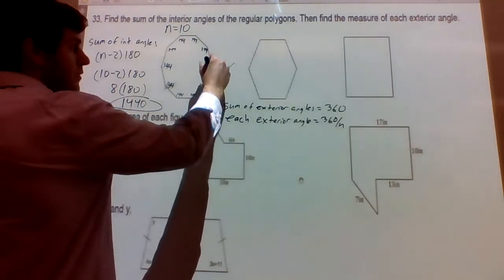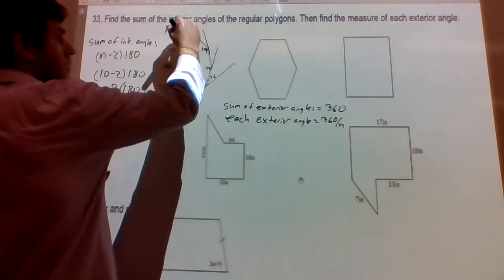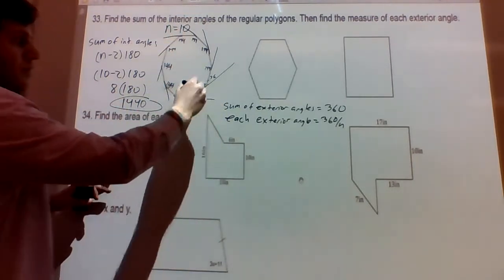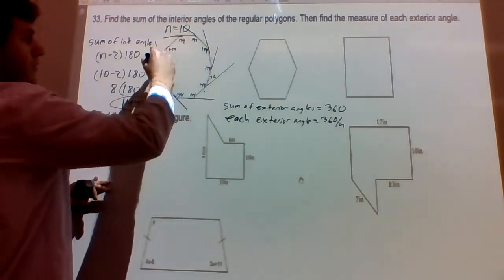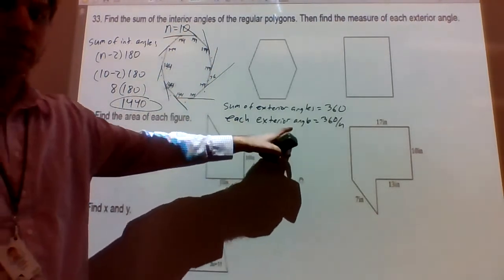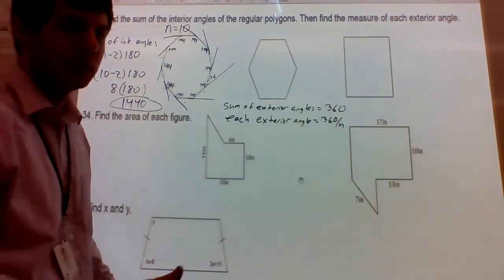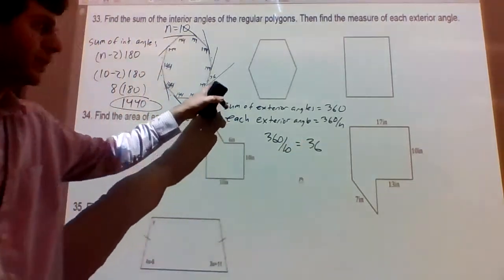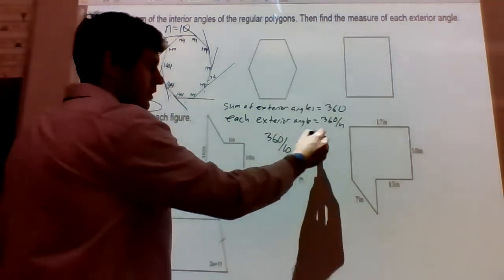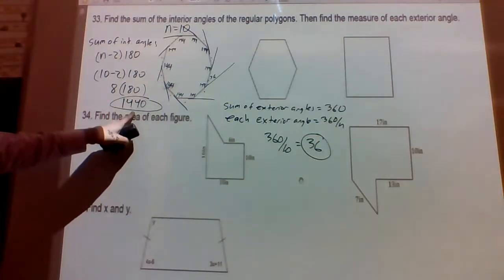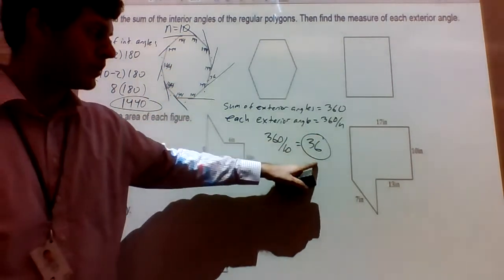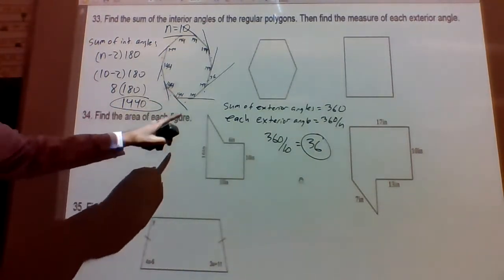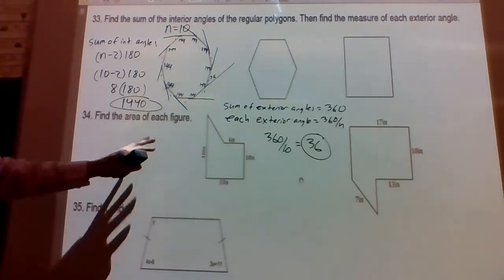There are going to be 10 exterior angles: 1, 2, 3, 4, 5, 6, 7, 8, 9, 10. The sum of those angles is 360. To find each exterior angle, we divide 360 by 10, which gives us 36, which is what we got anyway. So here are our two answers: the sum of the interior angles is 1440, and each exterior angle is 36. Each interior angle was 144, and the sum of the exterior angles is 360.